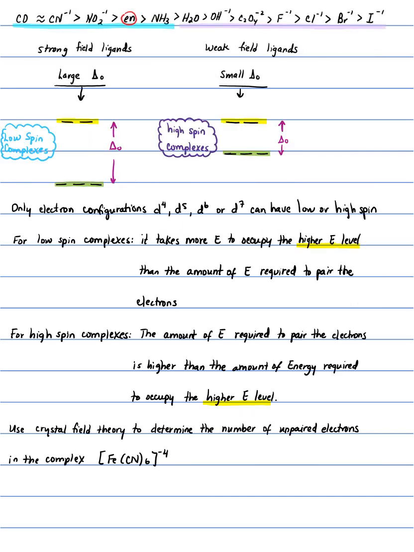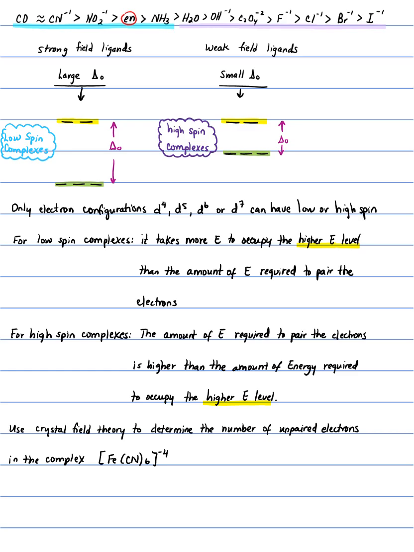So I'm writing here the spectrochemical series listing all of your ligands. You have the strong field ligands on the left, weak field ligands on the right. They're separated by a color. The blue ones are the strong, and the purple ones are the weak field ligands. Strong field ligands will always give you a large splitting. Weak field ligands will give you a small splitting.